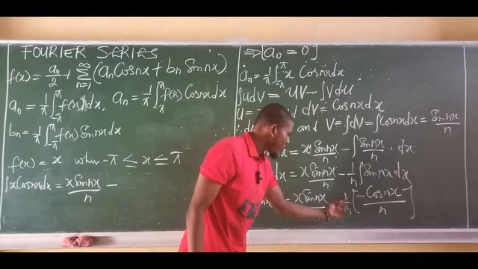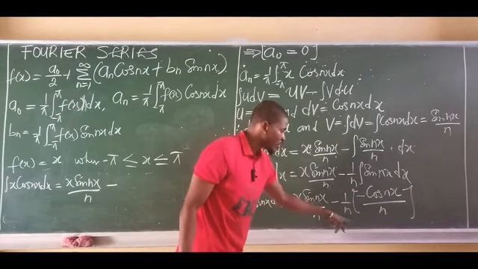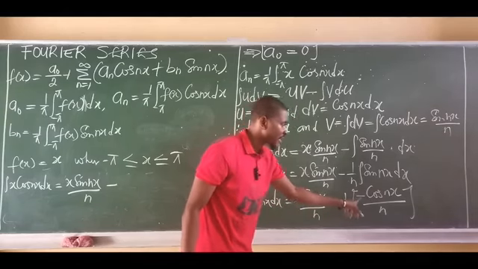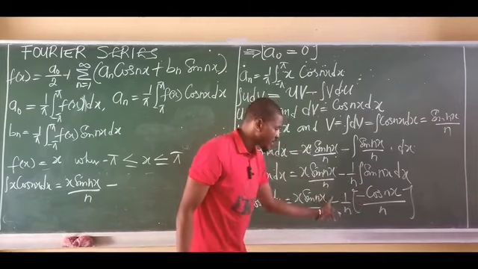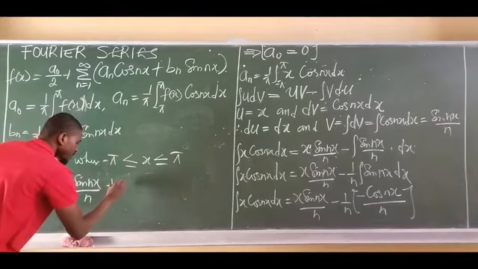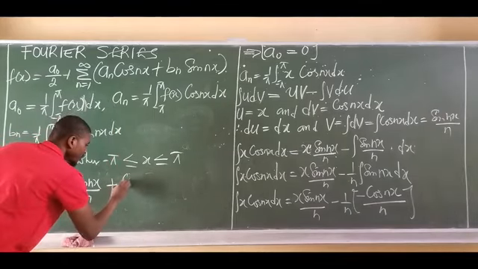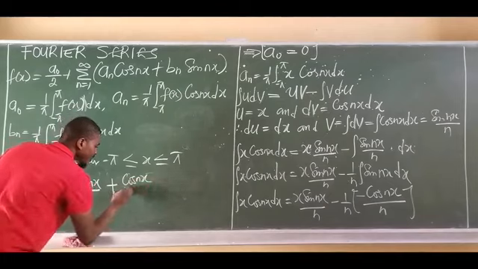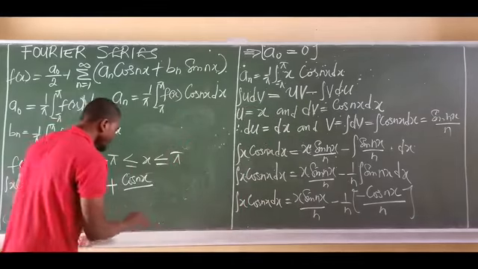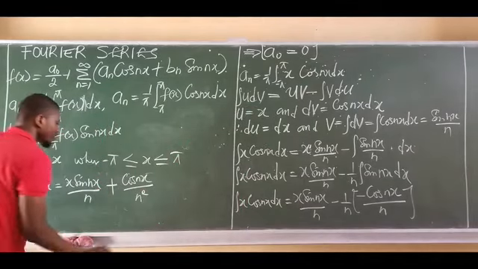It becomes 1 over n times n, which gives us 1 over n squared. Again, minus times minus from here. There's a minus sign inside this bracket. This minus multiplied by this minus outside here becomes plus. So this is now plus cos nx all over n times n here, which becomes n squared.